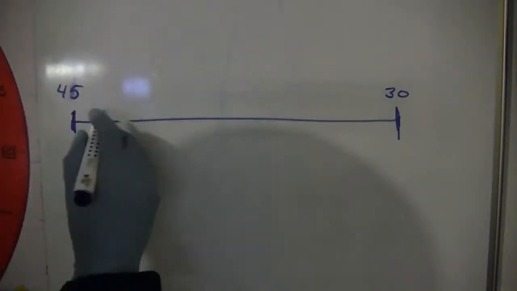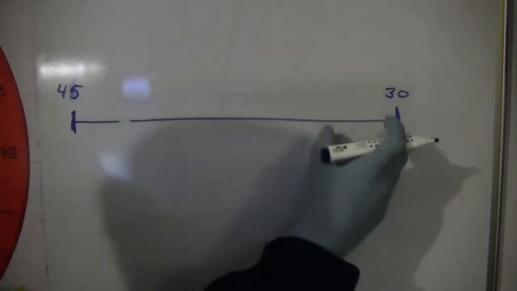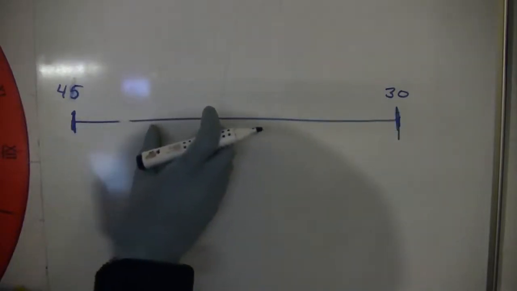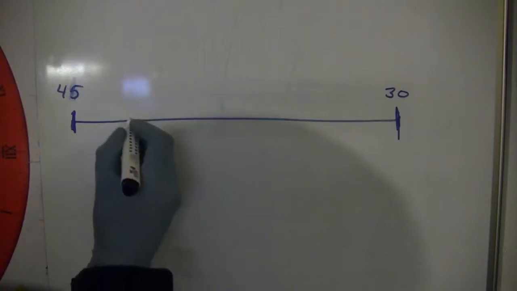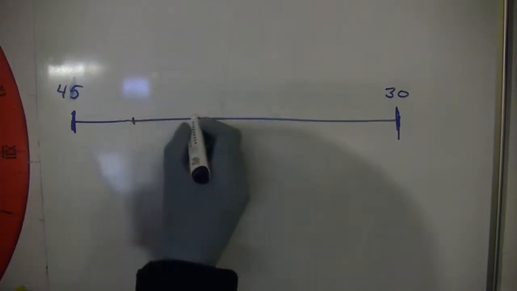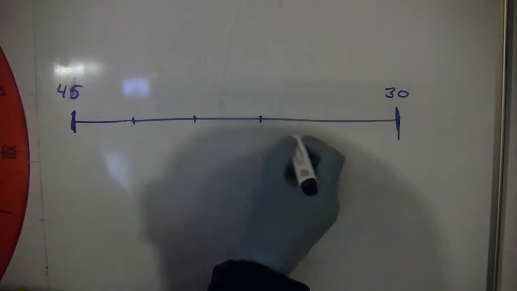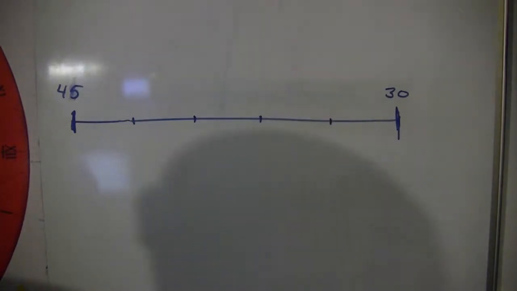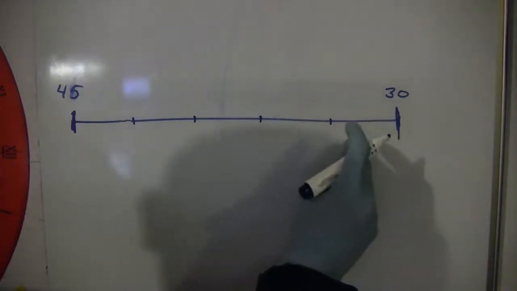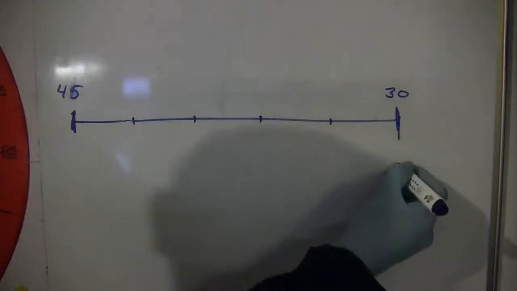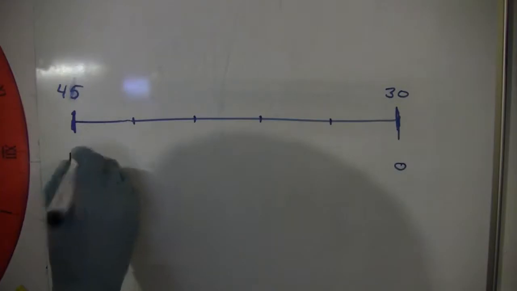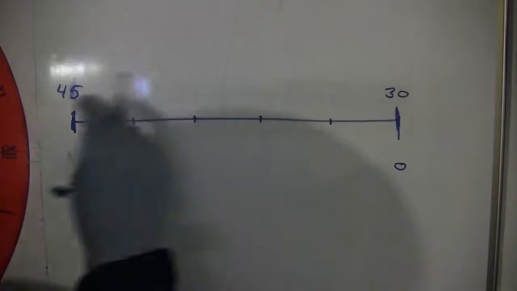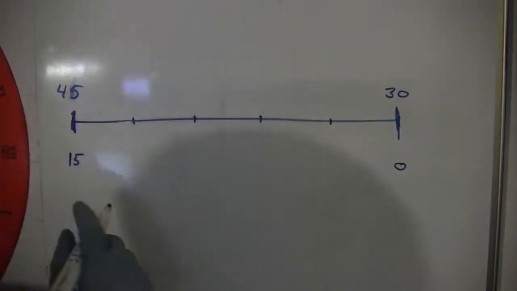The best way to do it is to divide the distance in 5 equal size pieces: 1, 2, 3, 4, and 5. It means if this is 0, this is 15 degrees, between 0 and 15 degrees, 30 to 45.